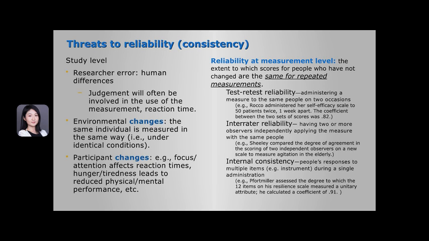During the time between measurements, there may be small environmental changes that influence the measurements being taken and create error. These changes in the environment make it impossible to ensure that the same individual is measured in the same way.